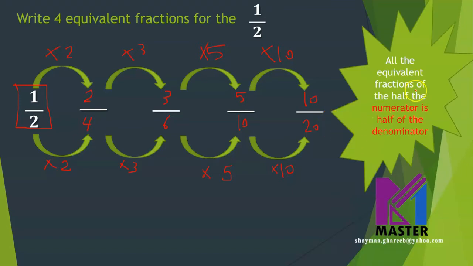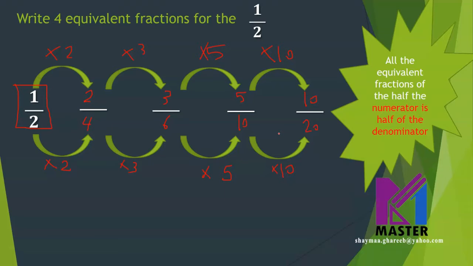So in all equivalent fractions of the half, the numerator is half of the denominator. Did you notice that? Look, 1 is half of the 2. 2 is half of the 4. 3 is half of the 6. 5 is half of the 10. 10 is half of 20. So you can identify equivalent fractions of the half by looking at the numerator.